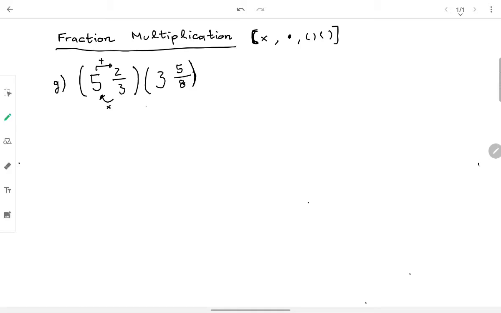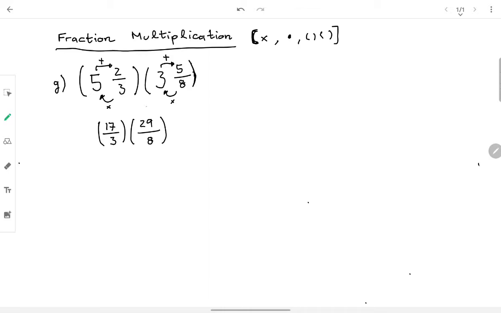That will give us 5 times 3 is 15 plus 2 is 17/3 multiplied, remember parentheses also means multiplied, 8 times 3, that will give us 24, plus 5, that will give us 29 over 8.